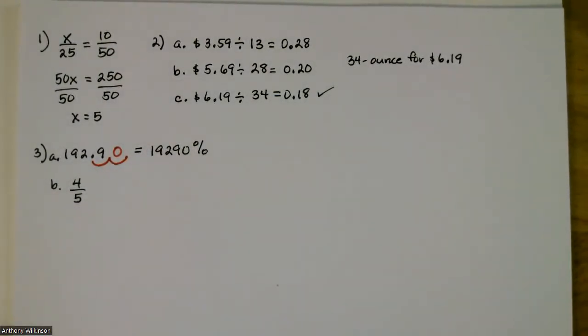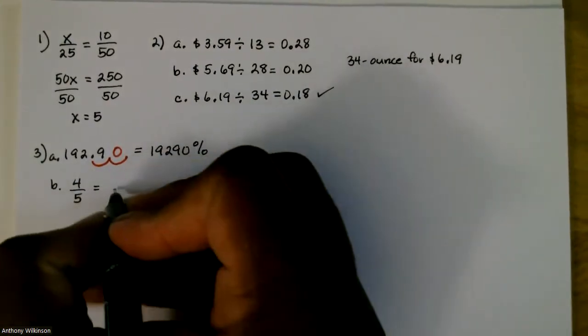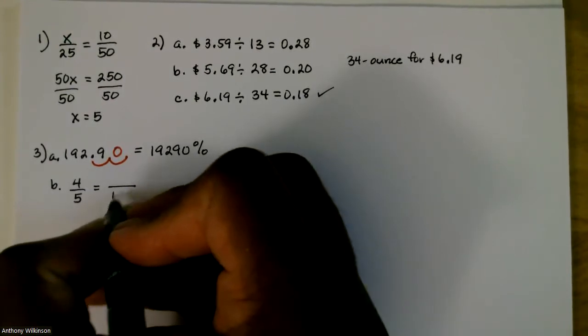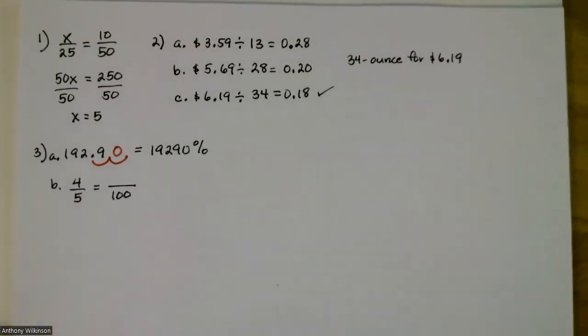Now, 4/5 you can convert to a decimal and then change your decimal to a percent. That's one way of doing it. Another way you can do this is, since percent means per 100, what I would do here is find out what this missing number is.